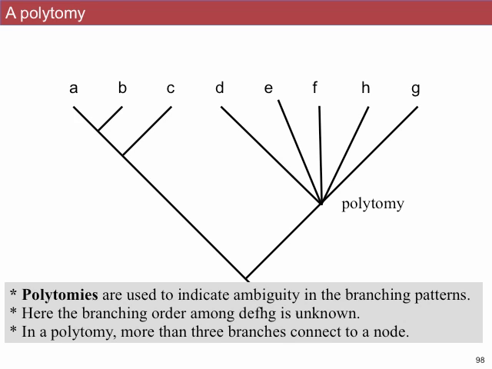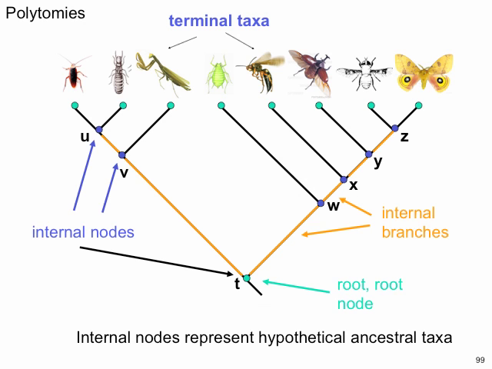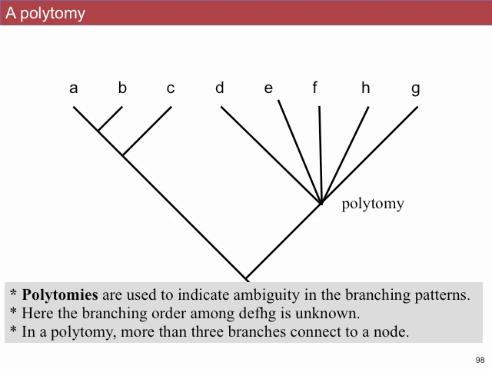A second thing that can be represented by a polytomy, although this is very rare to do, is the hypothesis that you had a common ancestor, and there was literally a split into three or more lineages from that common ancestor. So it's entirely possible that this has occurred in some lineages.